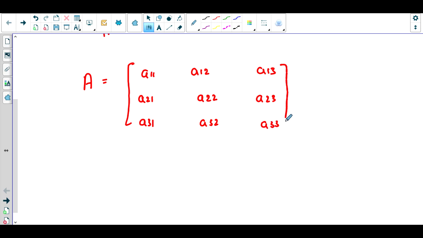These numbers represent the row number and the column number, like A23 is second row, third column, and A31 is third row, first column.